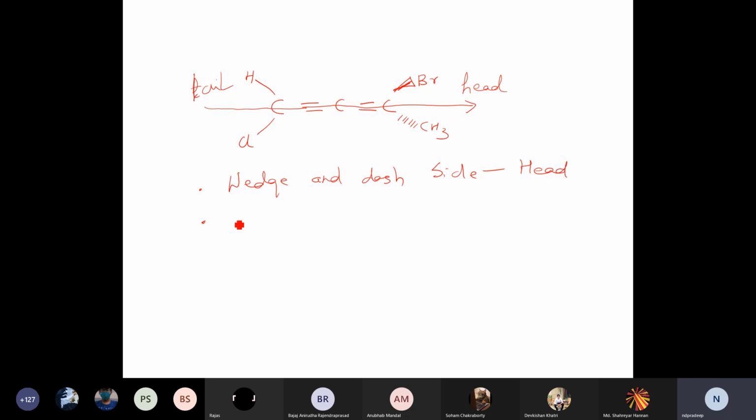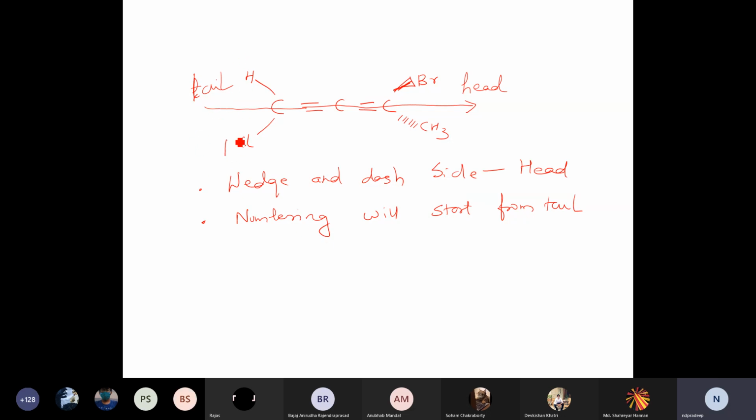Second thing, numbering will start from the tail.